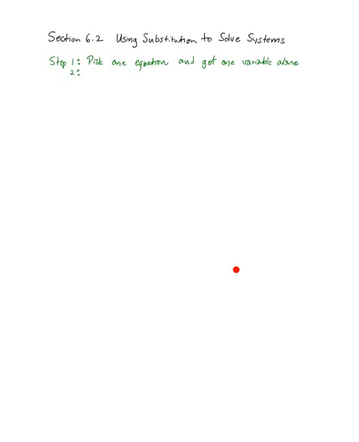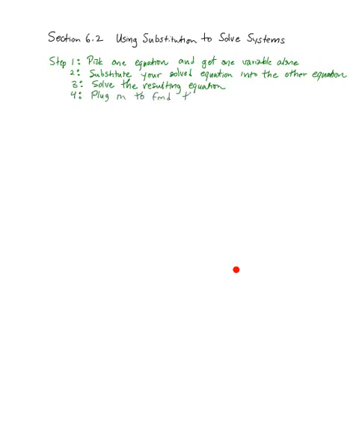Step 2: Substitute your solved equation into the other equation. And that's why it's called the substitution method. And we'll see what that means in a minute here. Step 3: Solve the resulting equation, and step 4: plug in to find the other variable.